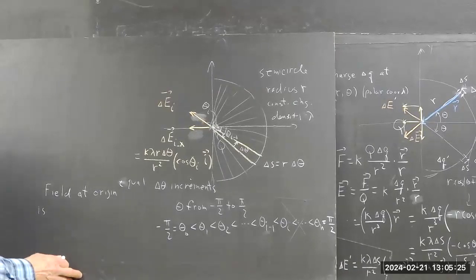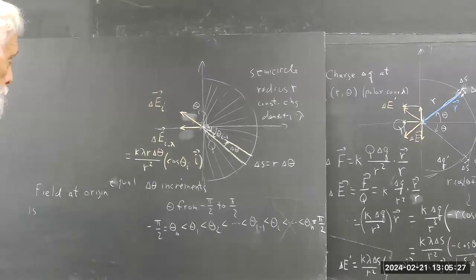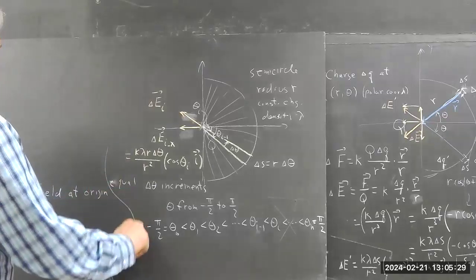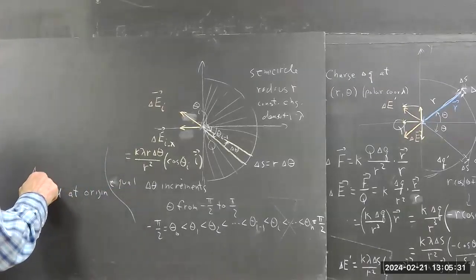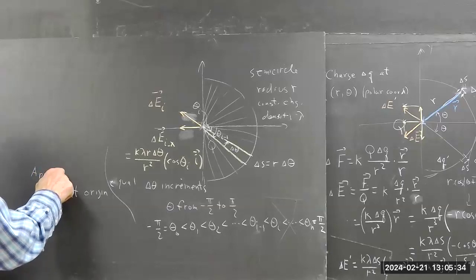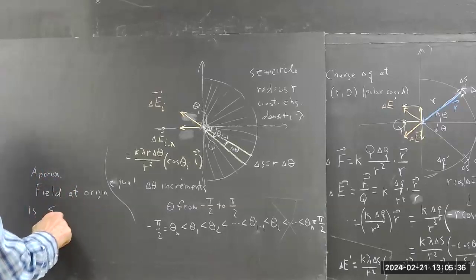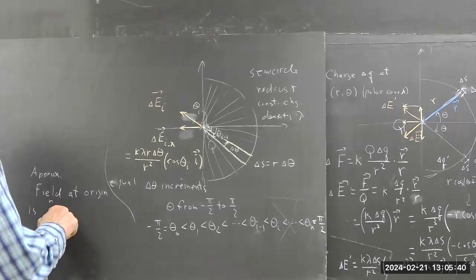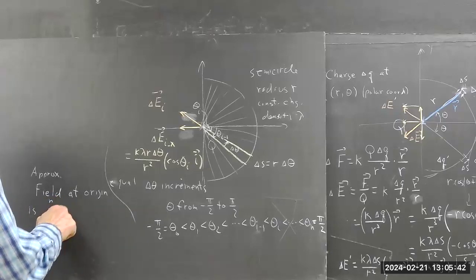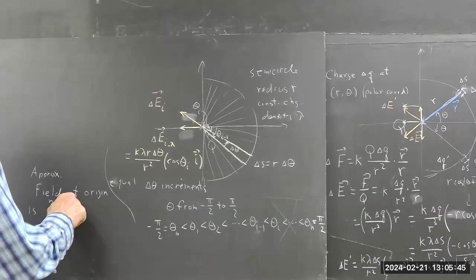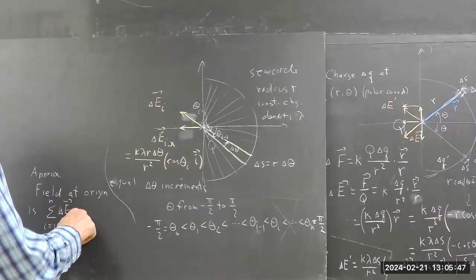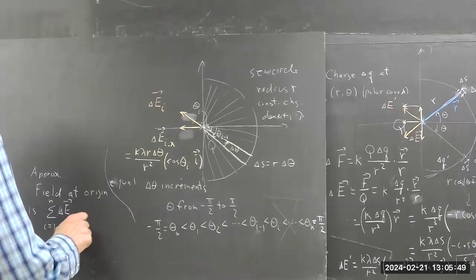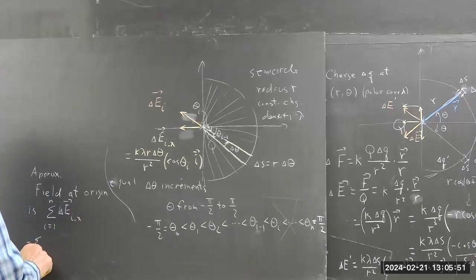And the field at the origin is approximately the sum from i equals 1 to n of delta E sub i x component, which is the sum from i equals 1 to n.